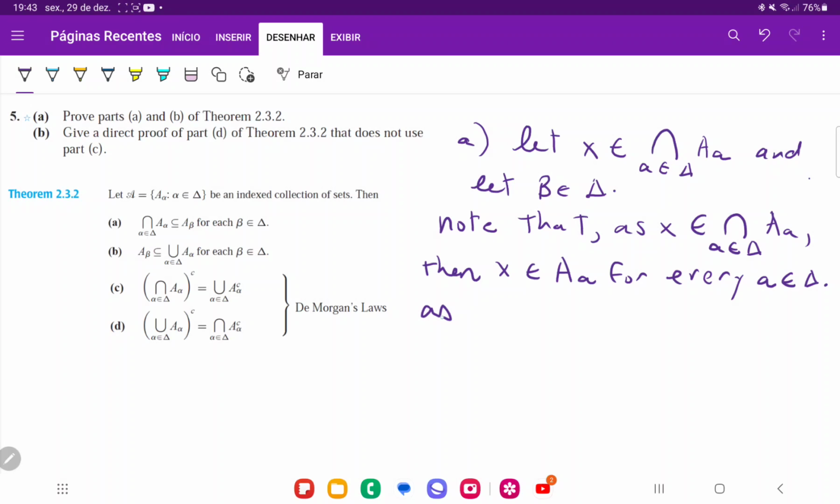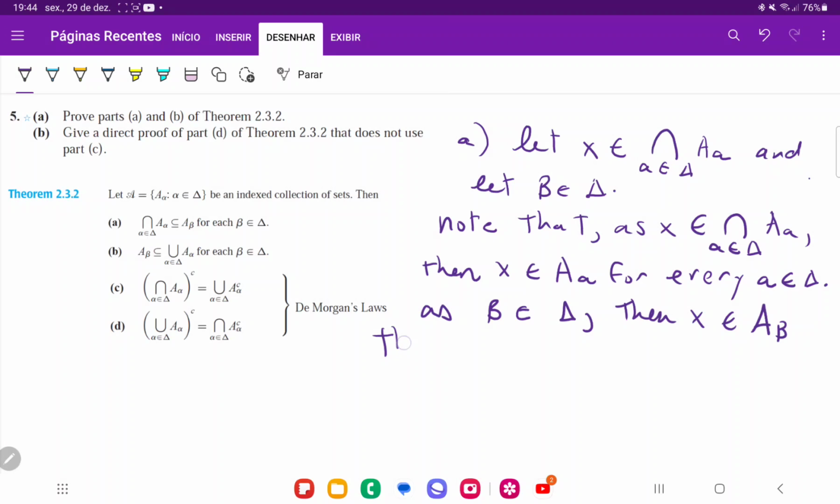So as beta belongs to the set of indexes, it means therefore that X belongs to A sub beta. So what we said here is, if it belongs to the intersection, then for every index, X is in the set that has that index, right? And as beta belongs to the set of indexes, then X belongs to A sub beta.